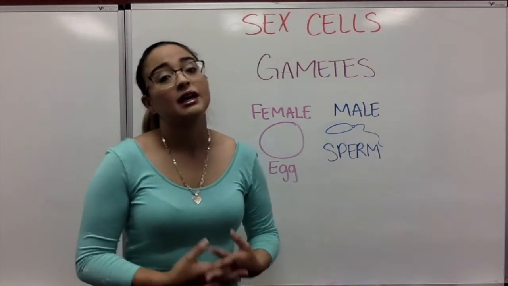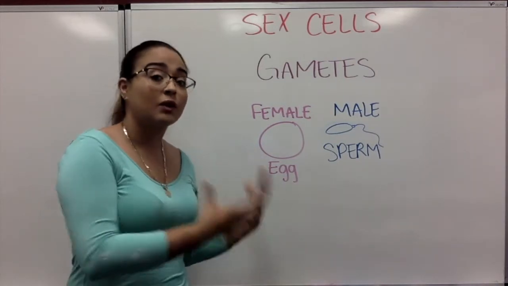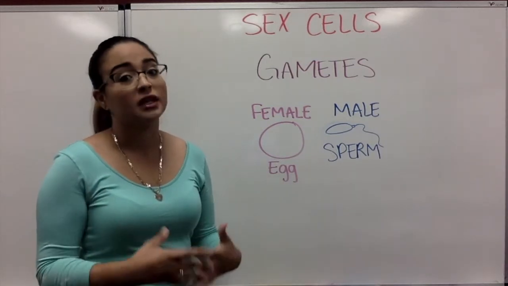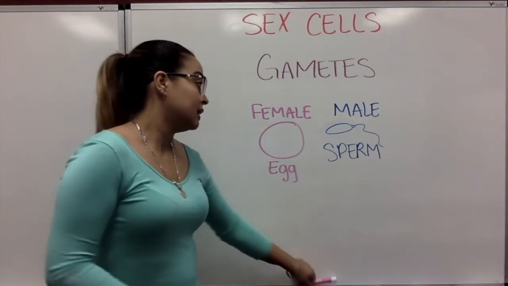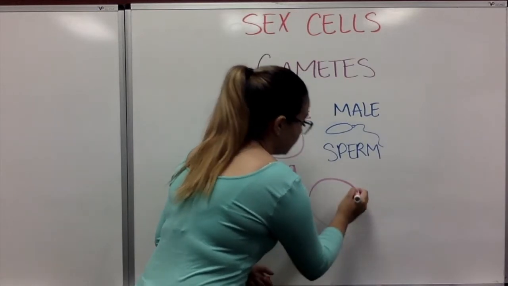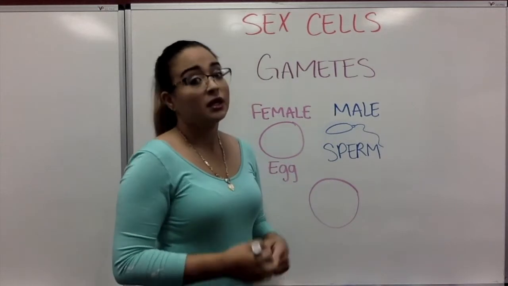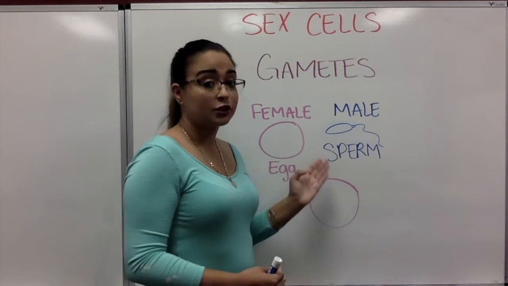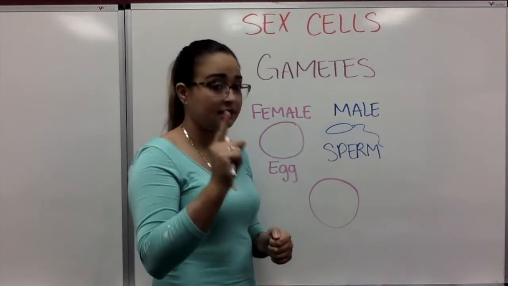Now, we're going to talk a little bit about what role these two play in sexual reproduction. In sexual reproduction, the egg is one cell and the sperm is one cell. But during sexual reproduction, the sperm goes into the egg, kind of combining into one cell.